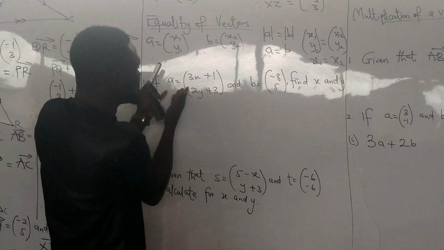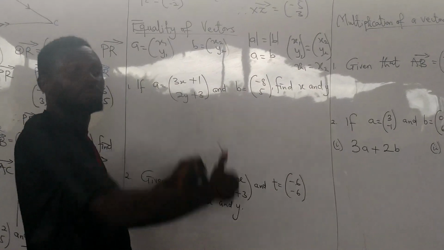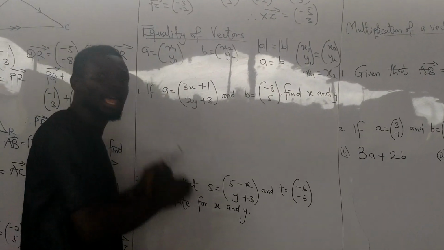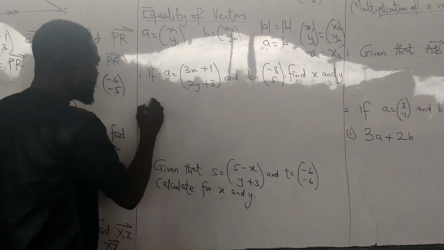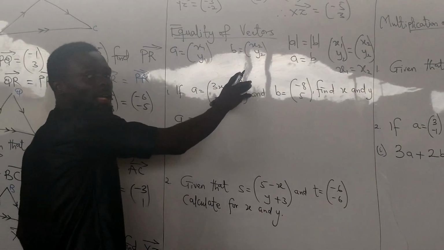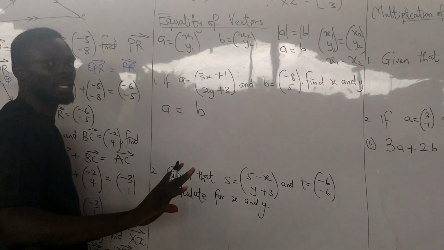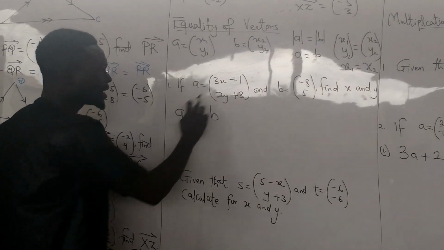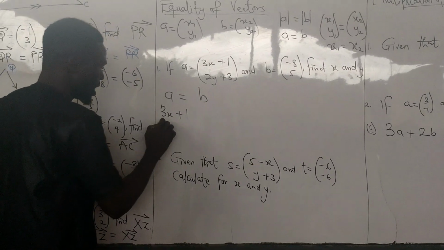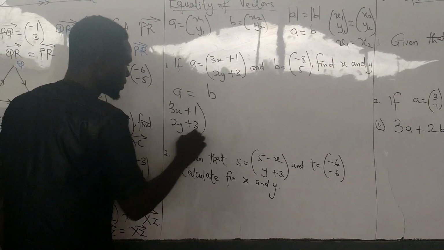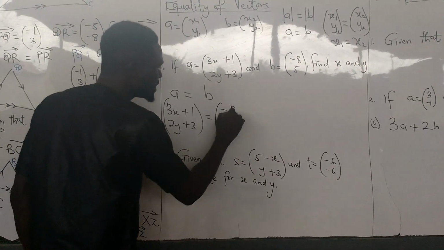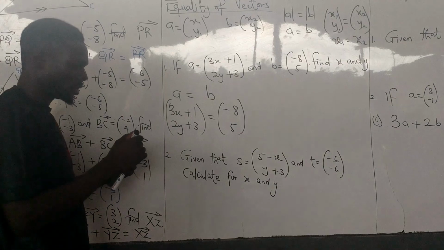So if A and B are equal, we have to calculate for x and y. Since A is equal to B, this vector and this vector are equivalent or equal. So what is the vector for A? (3x plus 1, 2y plus 3). And this vector is equal to B. What is B? (negative 8, 5).